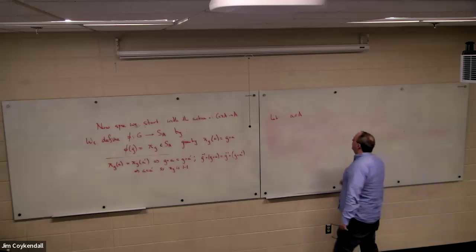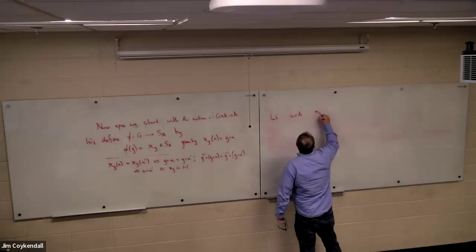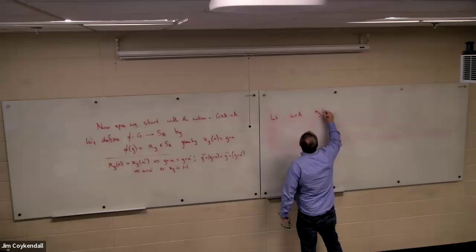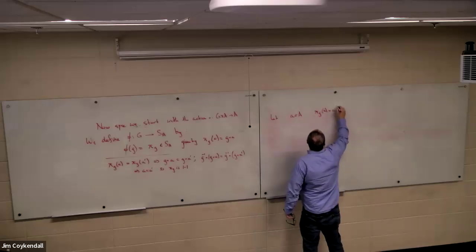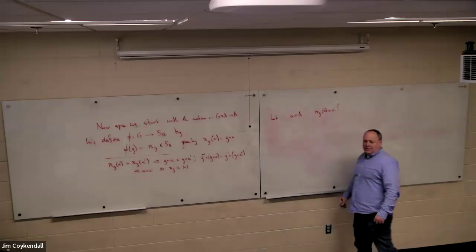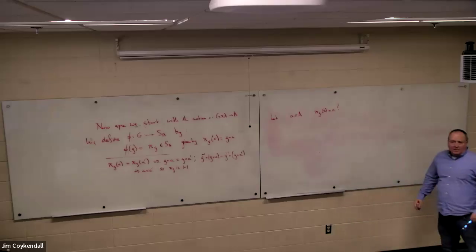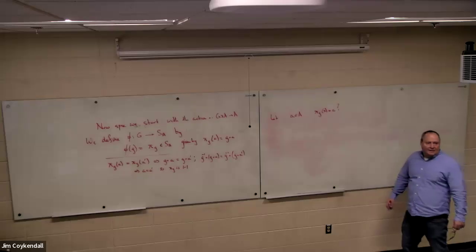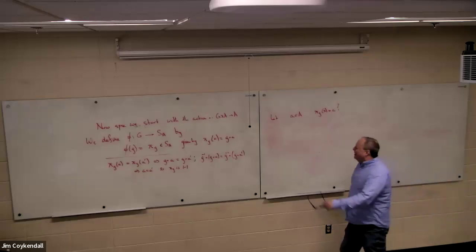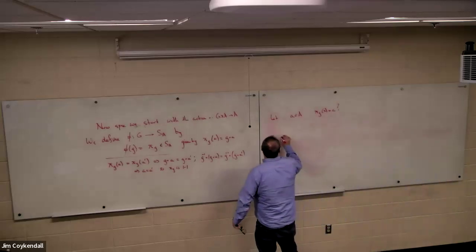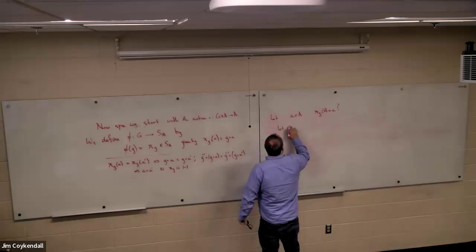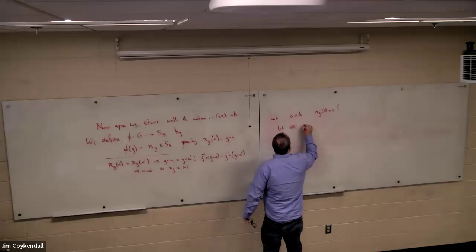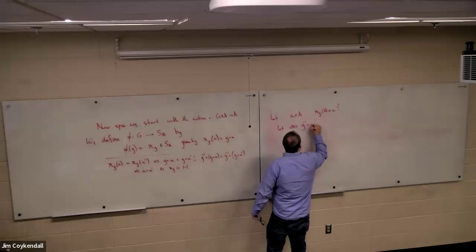Anybody figure out what I could pick for x such that pi g of x is equal to a? Well, sort of. Let's let x be g inverse circle a.